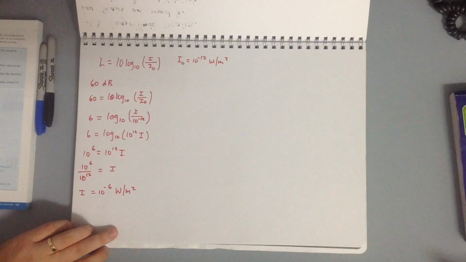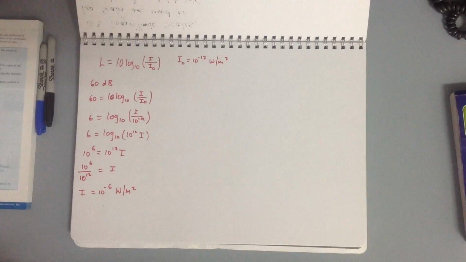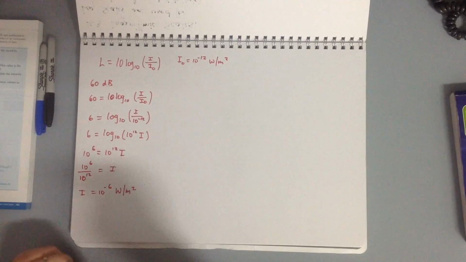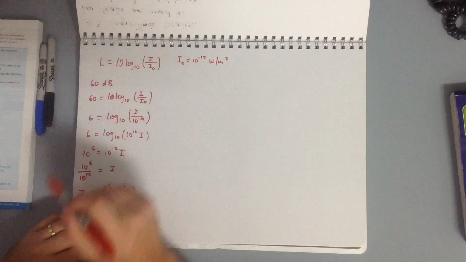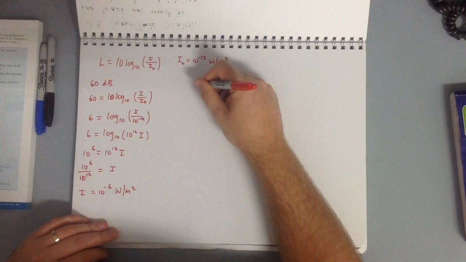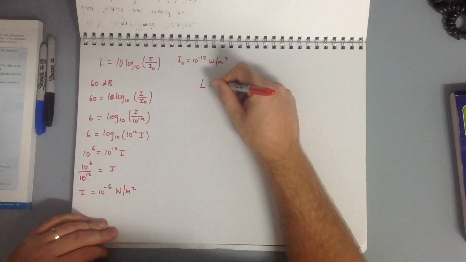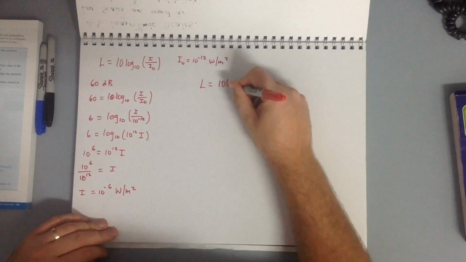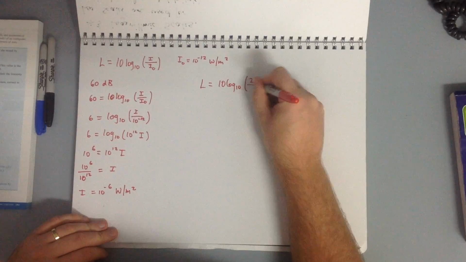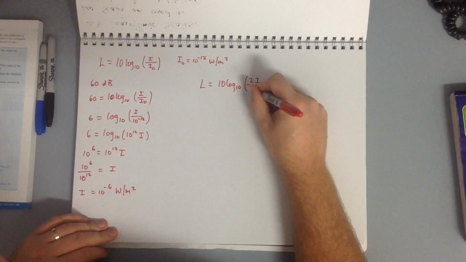And we also want to know, if the intensity is doubled, what is the change in the loudness, correct to 2 decimal places? So if we double our intensity, what is the change in our loudness? So we're going to say, well, L equals 10 log to the base 10 of 2 times our intensity over I naught.